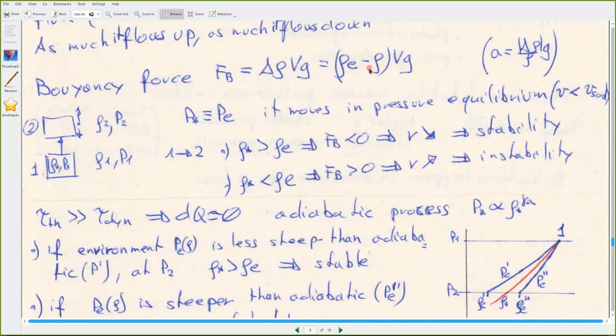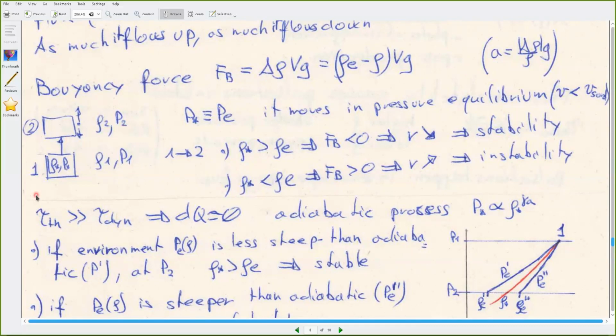If it's heavier, more dense, it will sink down, since it's negative. As a result, if you consider the acceleration, this force divided by the mass of the object, that means density multiplied by the volume, we have that the acceleration of the object is essentially the gravity acceleration multiplied by a relative difference in the density.